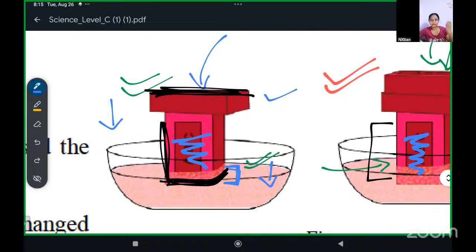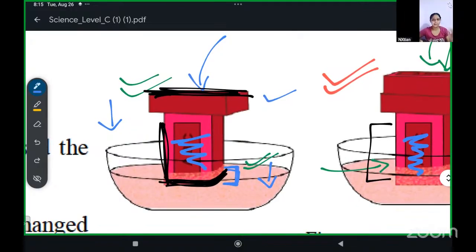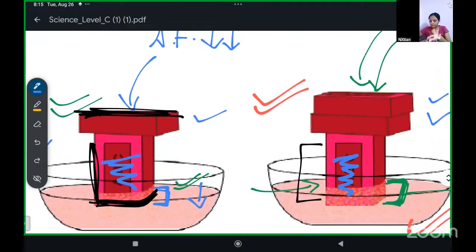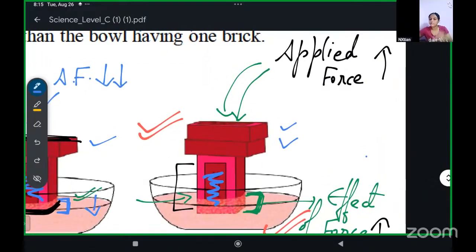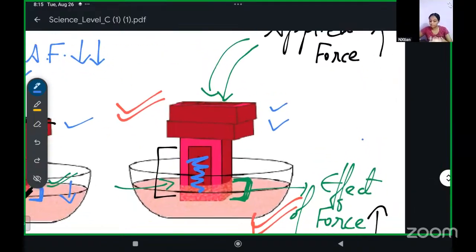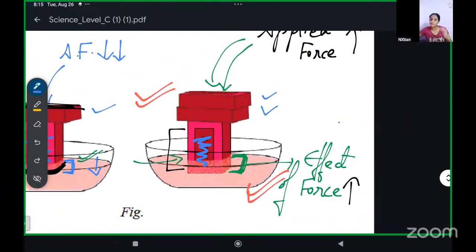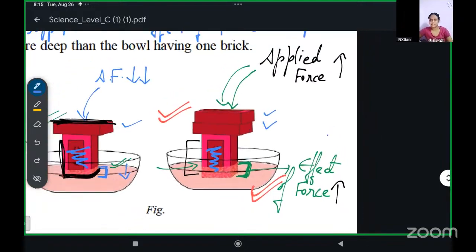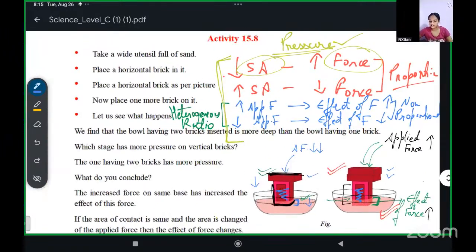Because the force that you're applying is less, the effect of pressure is also less. Here, the force that you are applying is more, so the effect of force is also more. This is your direct ratio.